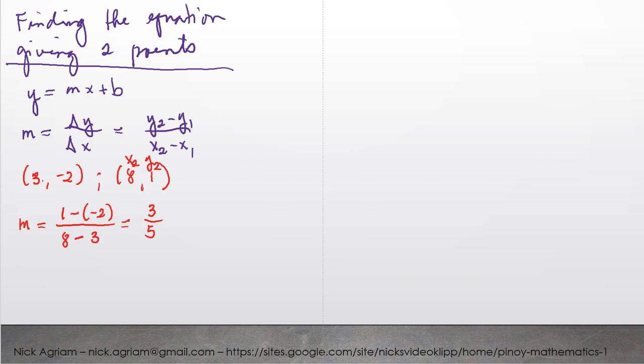How about if I write again 3 and negative 2, and then 8 and 1. Then I will decide that this is my x sub 2, and this is my y sub 2. So my m is negative 2 minus 1 divided by 3 minus 8.